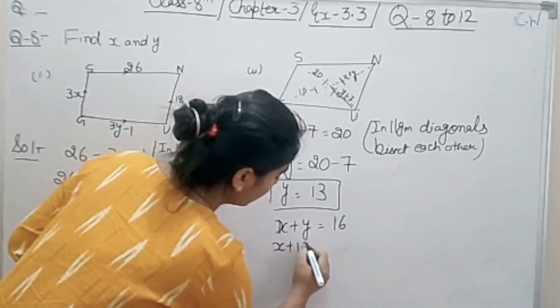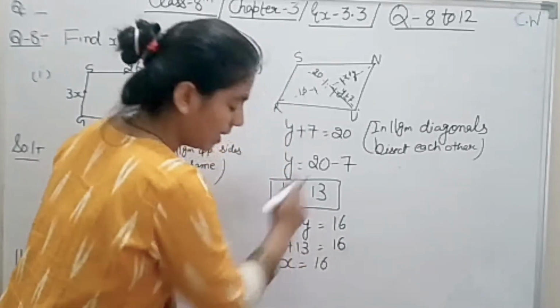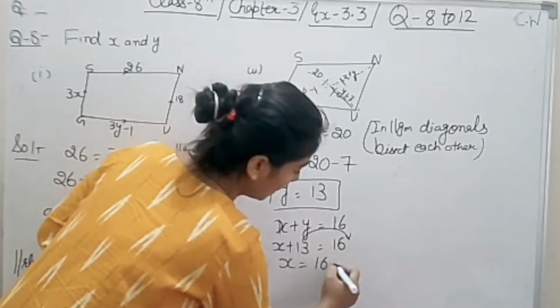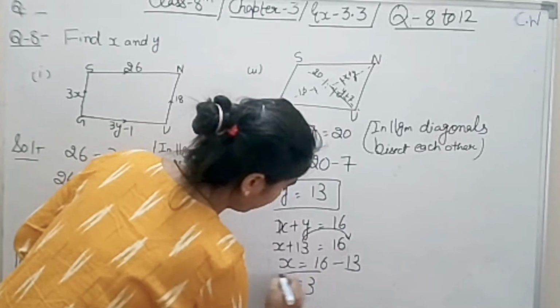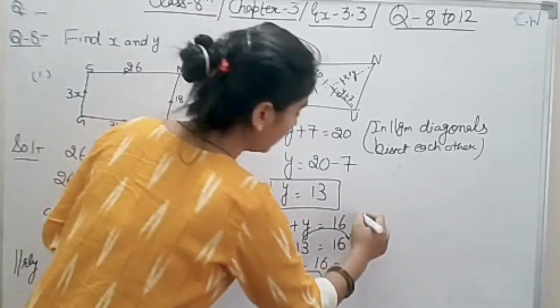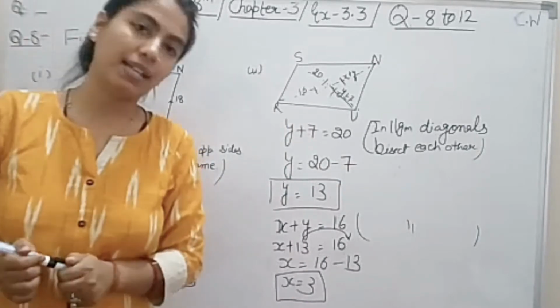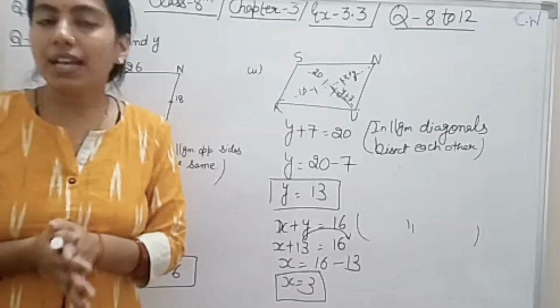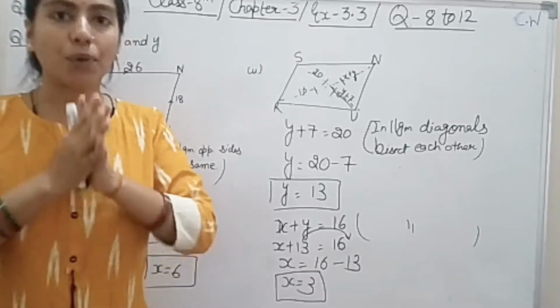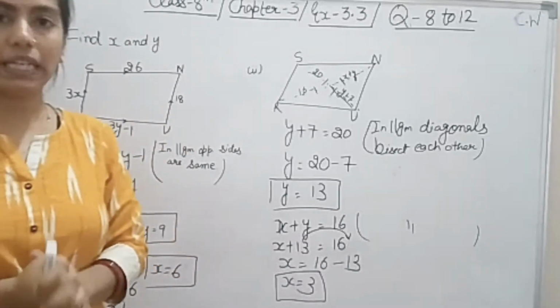So x plus 13 is equal to 16. This will shift to that side with changing its sign. So x value is equal to 3. Very simple students. Again the reason will be the same because in a parallelogram diagonals bisect each other. In all these questions, we are using properties only. Okay students, so this is all about our question number 8.